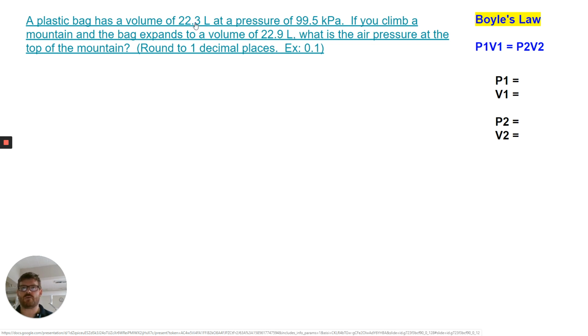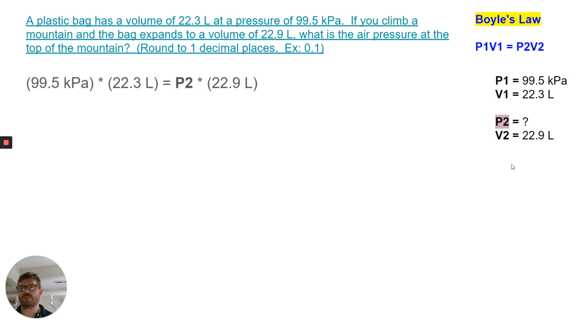Because this one is volume and pressure, again that's Boyle's law. After reading it, figure out which numbers are assigned to the correct variables. Once you figure that out, you're just going to put them into the equation and start solving for the variable.